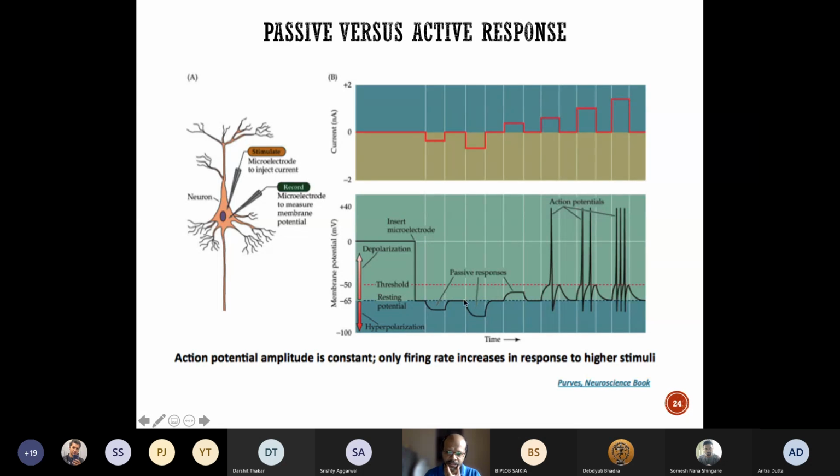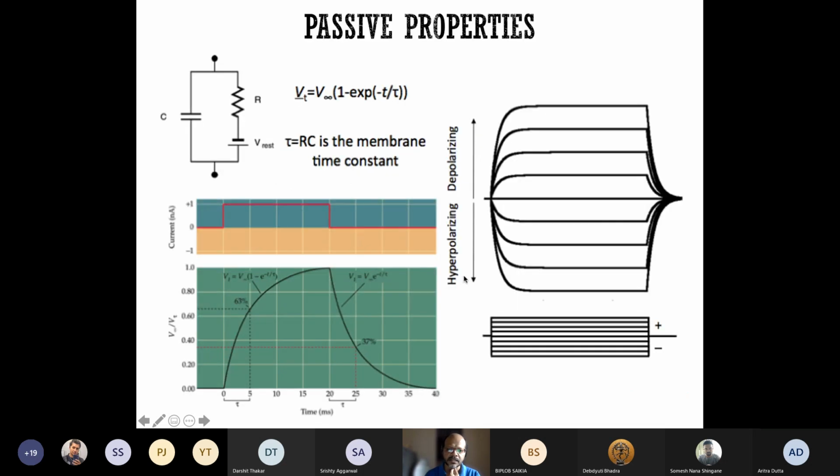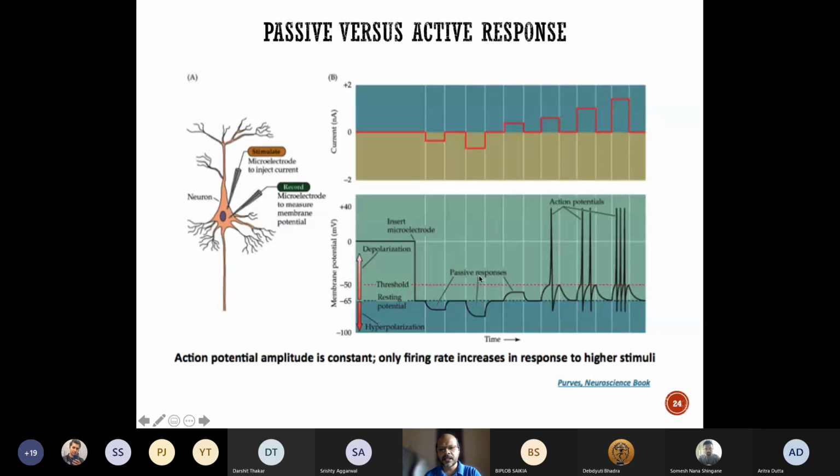And if you inject more current, it's going to hyperpolarize more. This is following the RC behavior, which I had discussed here, right? So nothing surprising there.